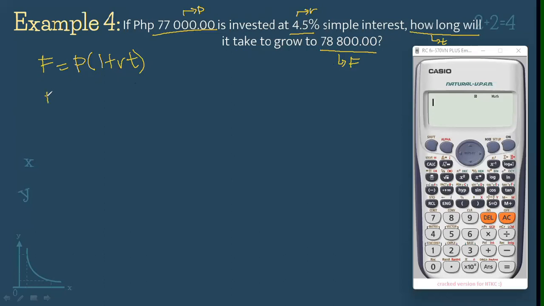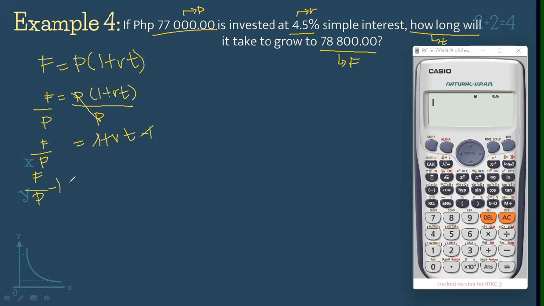So we have F is equal to P times 1 plus RT. Katulad po kanina, we need to divide both sides by P first in order for it to be eliminated, para yung T na lang po yung maiwan sa kabila. So we have F over P equals 1 plus RT. By the subtraction property of equality, we have F over P minus 1, kasi magiging minus 1 din ito.